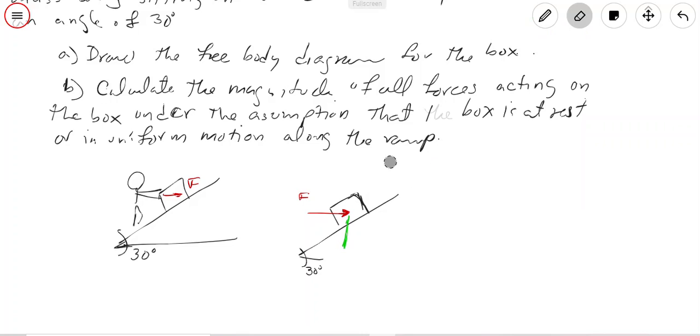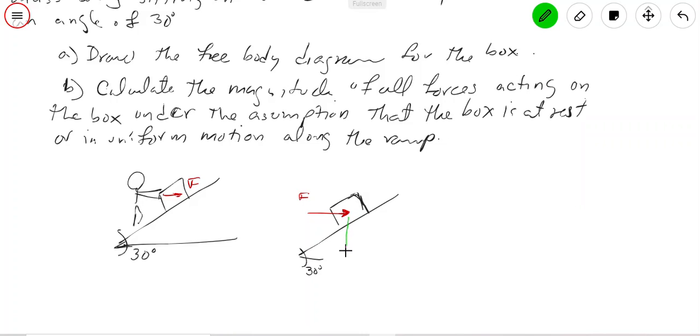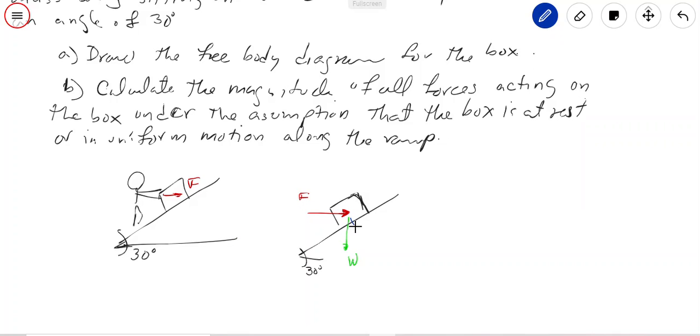Sorry, this is not vertical. And we have the normal force that is perpendicular to the surface of the inclined plane.